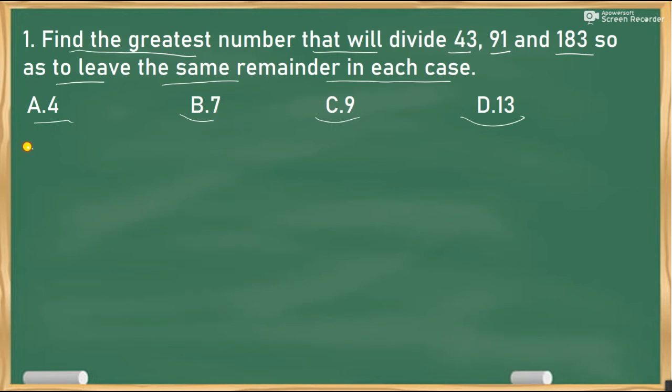Okay, we don't know what the remainder is, and we don't know what the common number is. So let me take an example to explain this concept clearly so that you can have an idea of how to solve this. Let me take three numbers, let's say 24, 36 and 96.